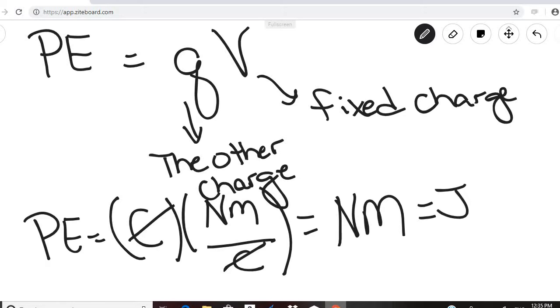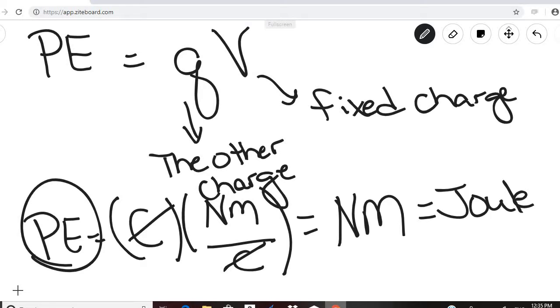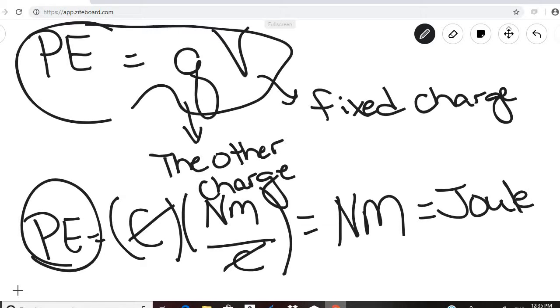A joule. And that is the unit for energy, the unit for potential energy. So the way that we calculate the potential energy, accounting for both charges, is that potential energy is Q times V. Okay, so that's another equation that you should keep in your toolbox for this module.